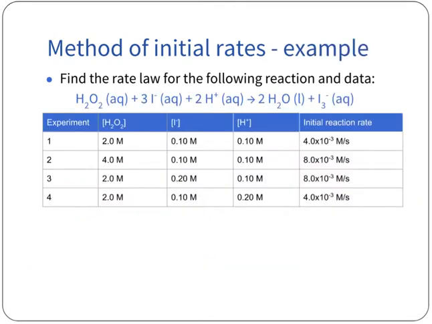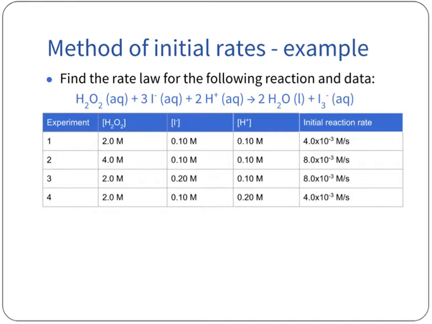So let's try another one. Find the rate law for the following reaction in data. H2O2 plus 3 iodide ions plus 2 H plus ions in an aqueous solution gives us 2 water plus 3 I minus right there. So a little bit of an interesting reaction, but we're still going to work it out the same way.